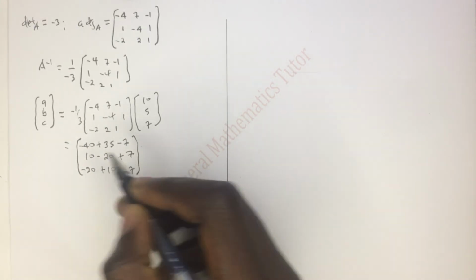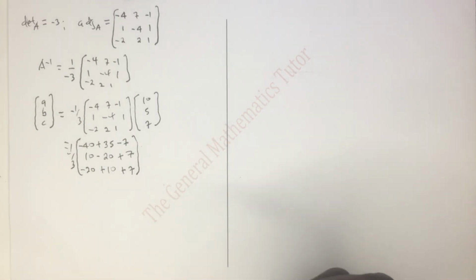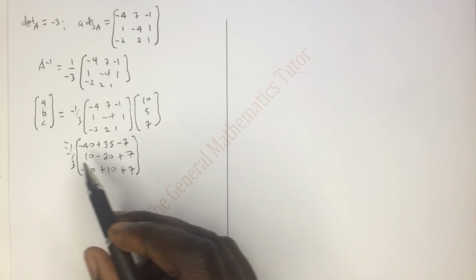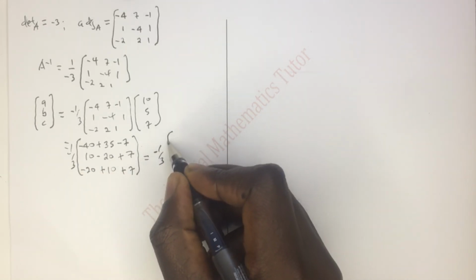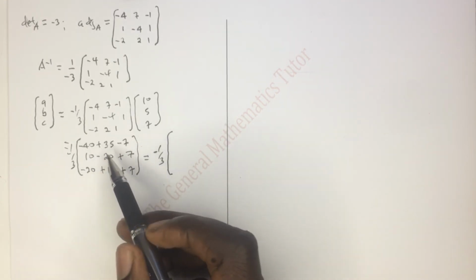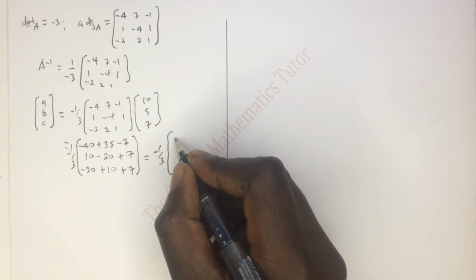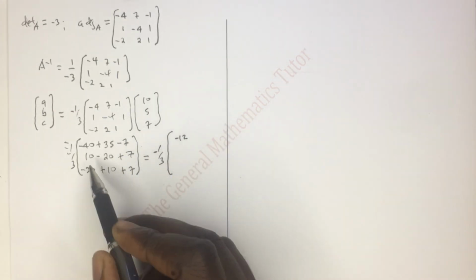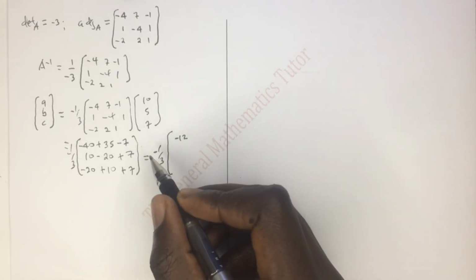So that is the product of the two matrices, but we multiply by the scalar -1/3. So you can work out this. So you have -1/3 into, if you take that, you're going to have -5, negative, that will be -12. And here we have -17.